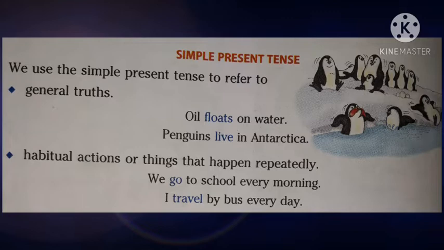We use simple present tense to refer to habitual actions or things that happen repeatedly. That means to refer to repeated actions or routines. Example, we go to school every morning. I travel by bus every day. She wakes up early in the morning.